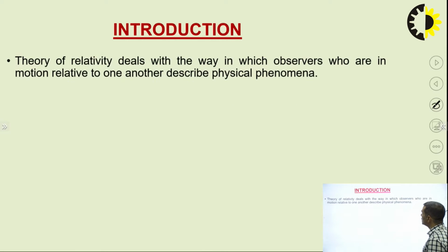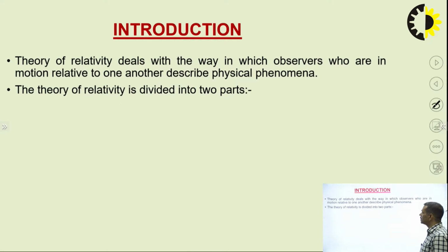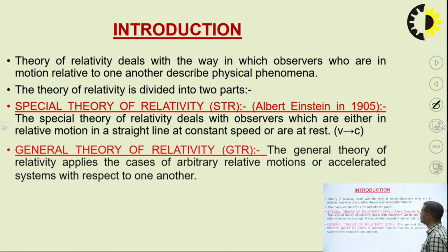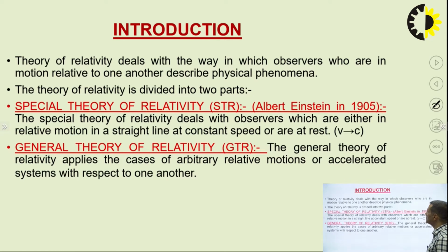Before discussing these topics, I will give a brief introduction of the special theory of relativity, what it is and its categories. In the special theory of relativity, we discuss the relative motion between an object and an observer.